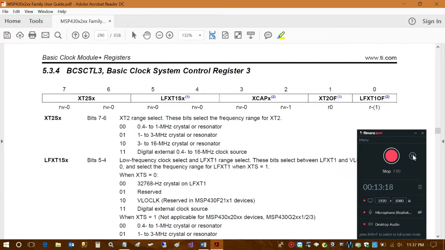Now, LFXT1SX, this is nothing but a low frequency clock select, and it also selects the range.